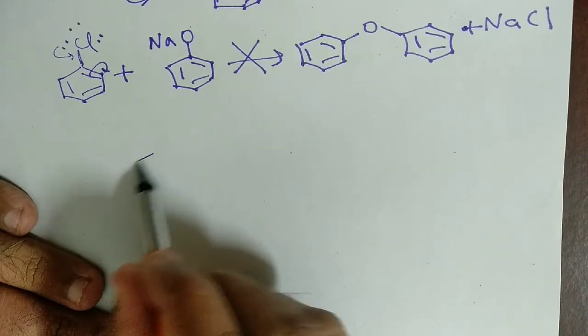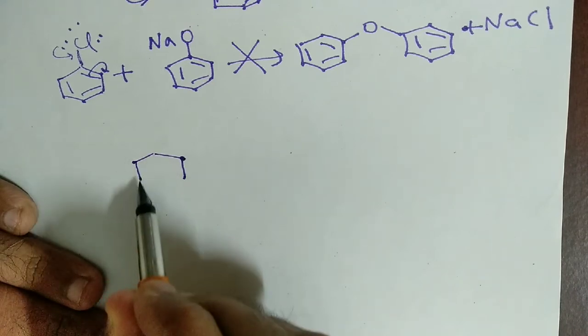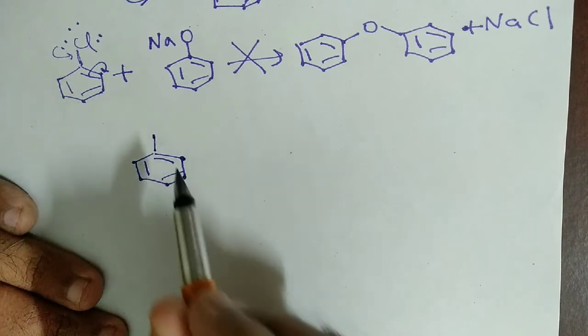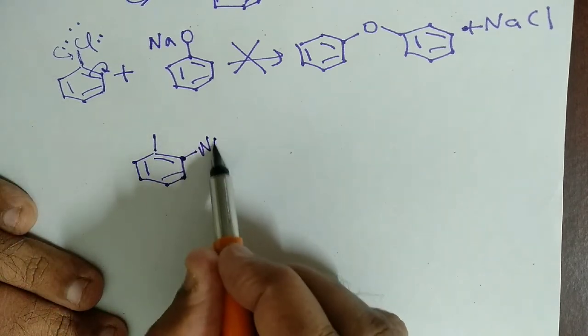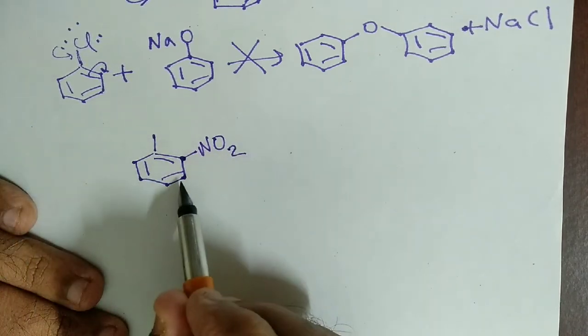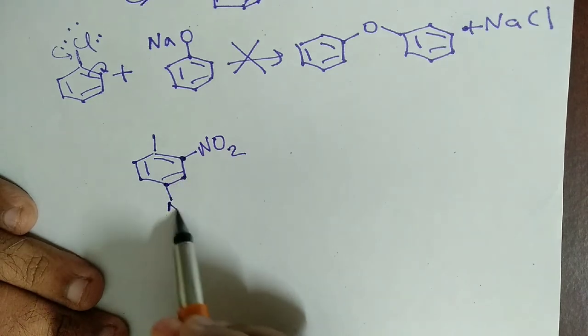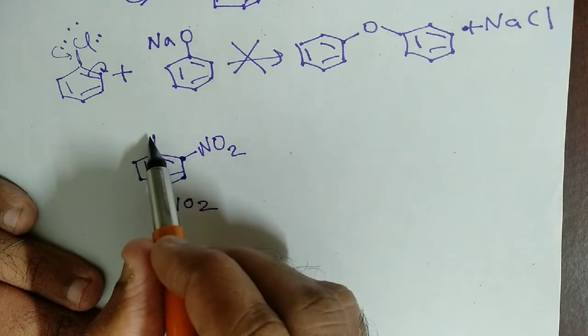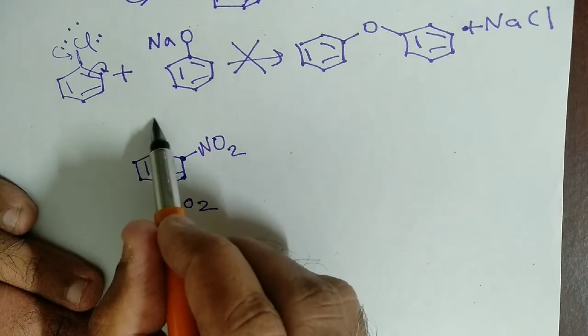Aryl halides having strong electron withdrawing groups react with sodium alkoxide or potassium alkoxide to form aryl alkyl ether.